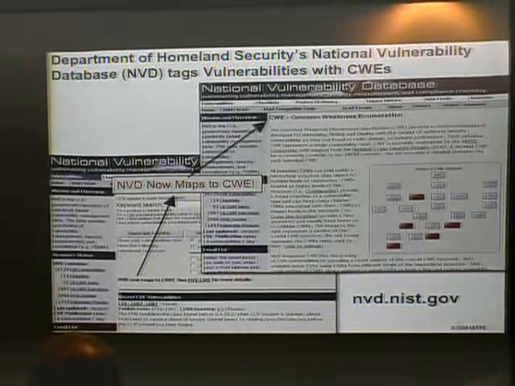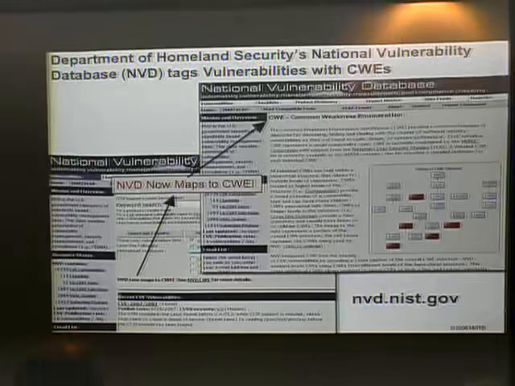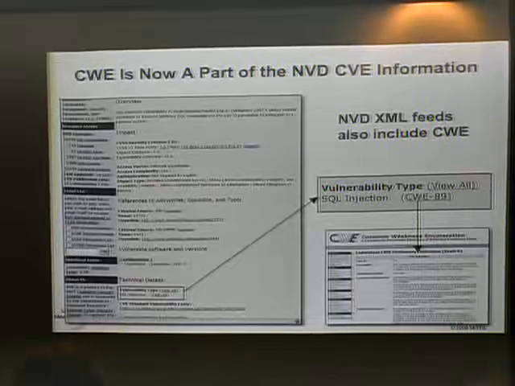So it gives you a little bit of background on what kind of issue is behind this publicly known vulnerability, in a structured way. And it'll bring you right into the CWE definition of those, right from the National Vulnerability Database.